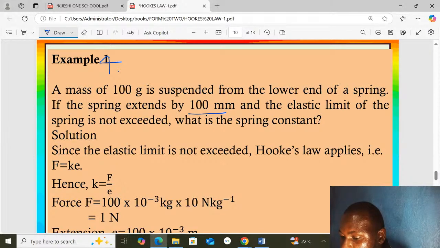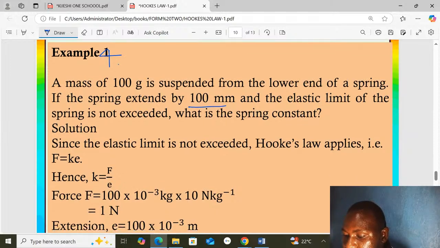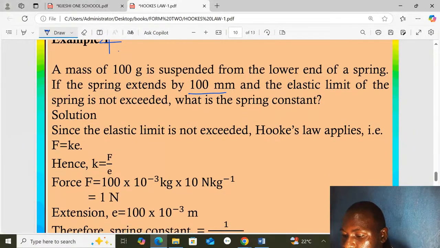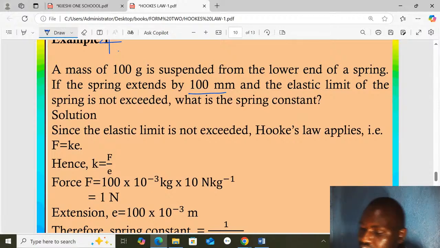So we are applying Hooke's law, that F is directly proportional to E. Therefore, we want to look at the spring constant. So in this case, let me do it aside here so that we may move with the same language.